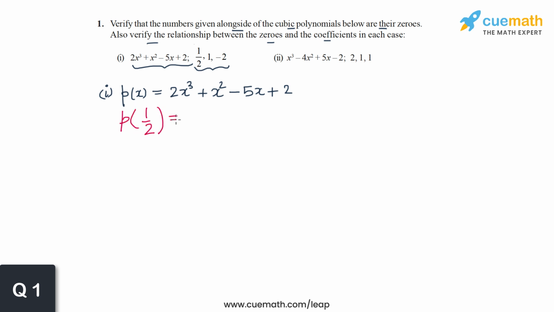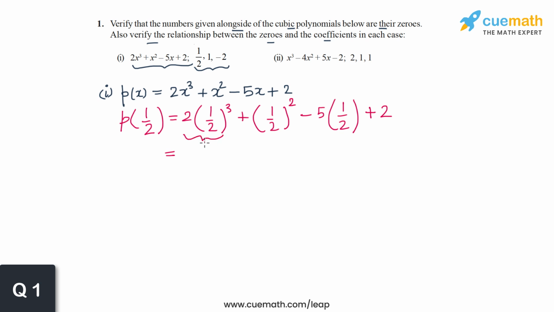So p of half will be equal to 2 times half cube plus half square minus 5 times half plus 2. So basically I have simply substituted half instead of x. So the first term, 2 into half cube, is 2 into 1 by 8, which is 1 by 4.